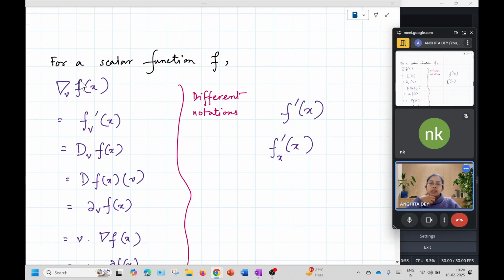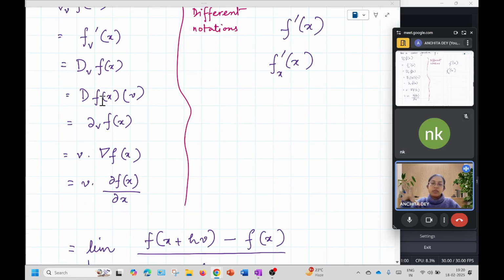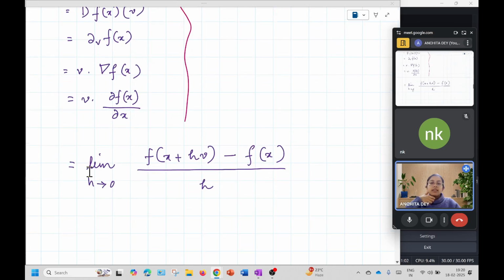But how do you evaluate this? What is this equal to? This is equal to the limit of f of x plus h v minus f of x, divided by h, where h tends to 0. That means given some function f of x, you increase the argument incrementally, within a very small step.